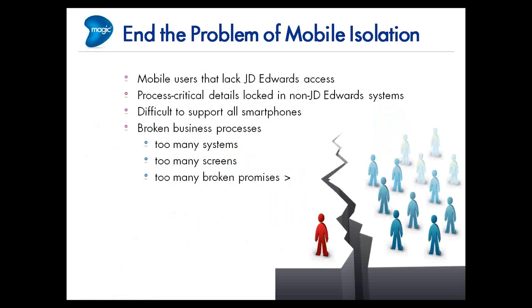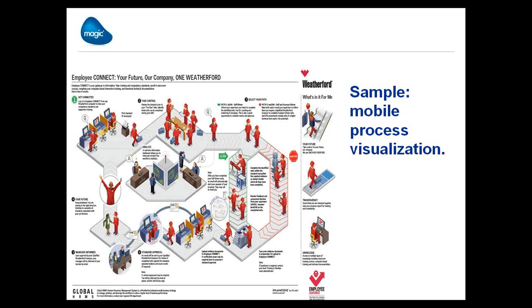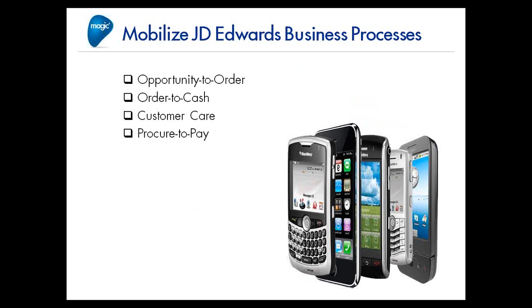So as we look at mobile business processes, we really start to ask, where is that critical point where we might actually want to introduce some kind of mobile interaction and communication into the organization? So let's talk about what some of those are.